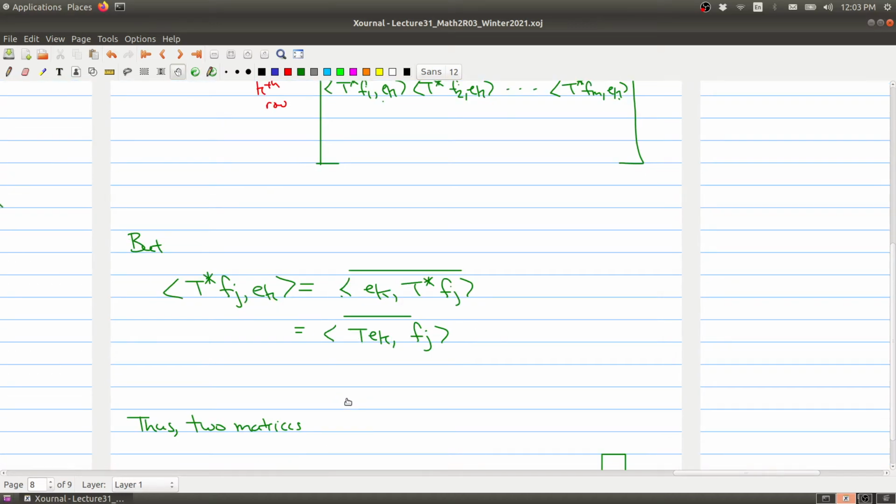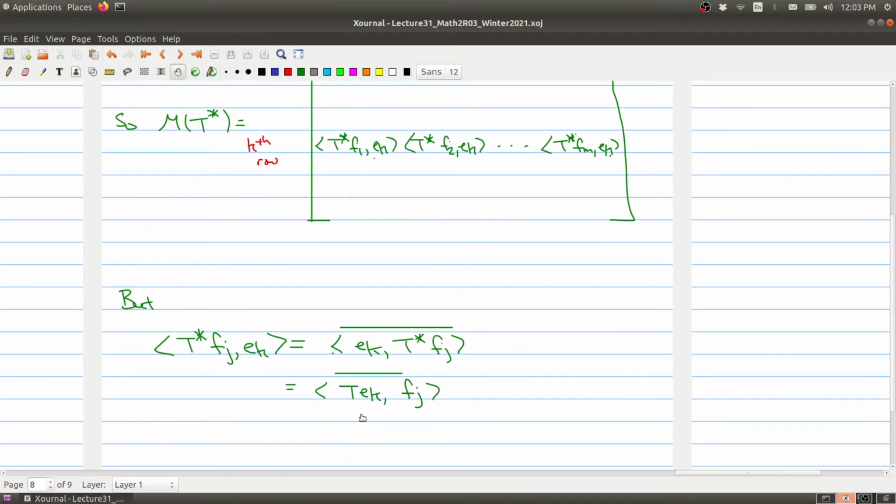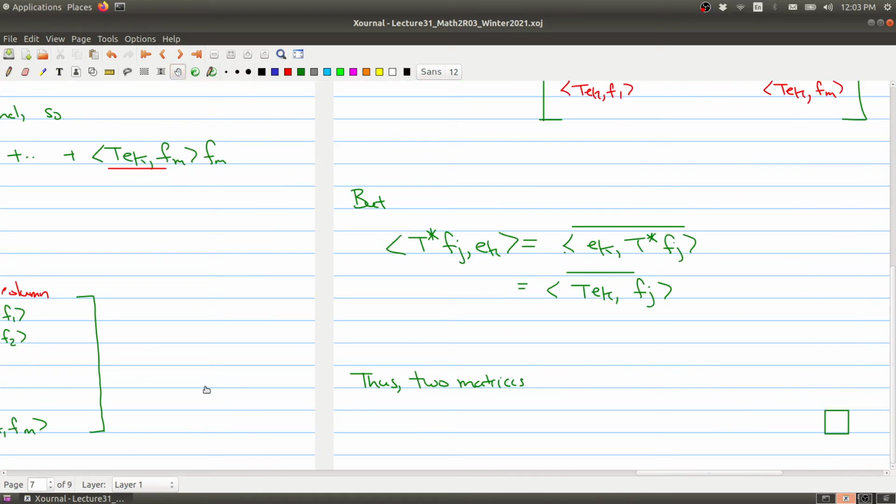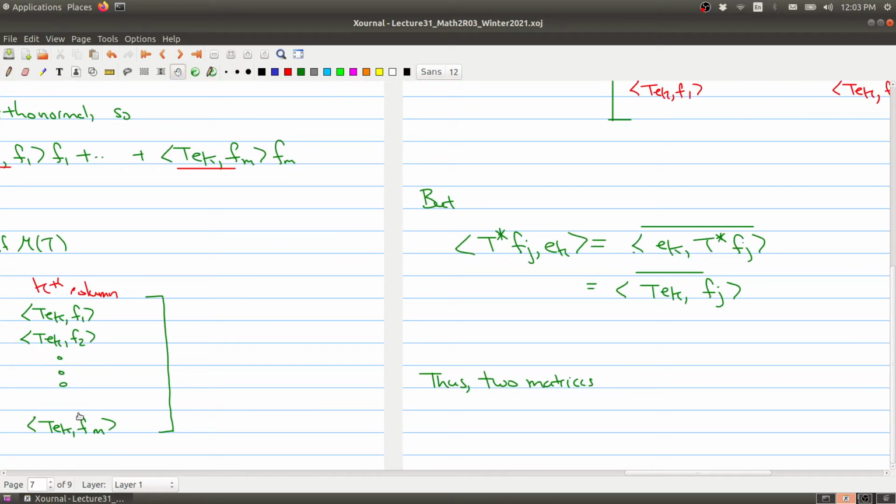So what this means is that this particular value, which I'll write in red, is the same thing as the inner product of T(Ek) with F1, complex conjugate, and then the same thing all the way down to the inner product of T(Ek) with Fm, complex conjugate. What I've written in red is exactly the entries in the column, but they are all the complex conjugates of each other.